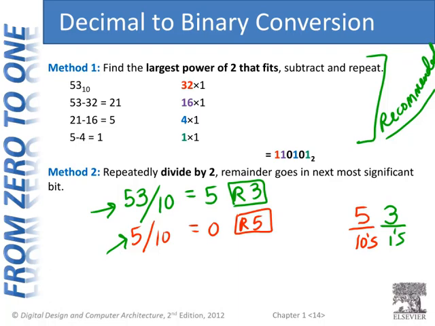So dividing by 10 again really is dividing 53 by 100. So anything that's left doesn't fit in the hundreds column or higher. So it has to be put in the tens column. Okay, so the process again is to repeatedly divide by the base, in this case base 10, and put the remainder in the next most significant digit.